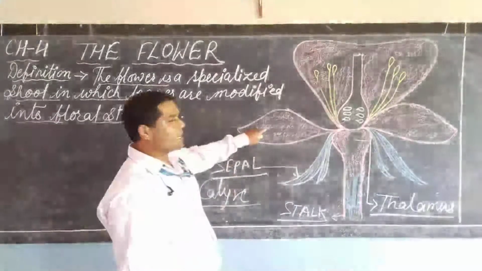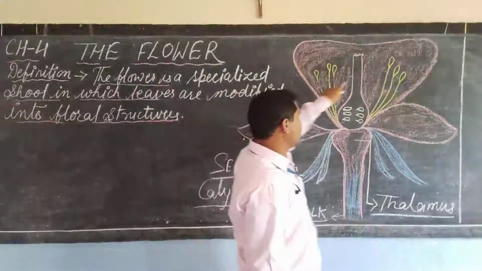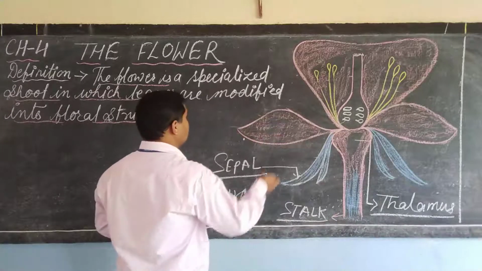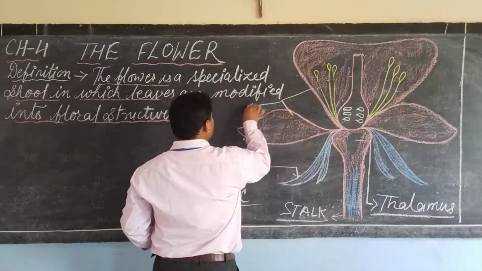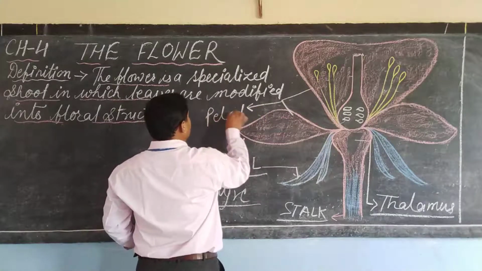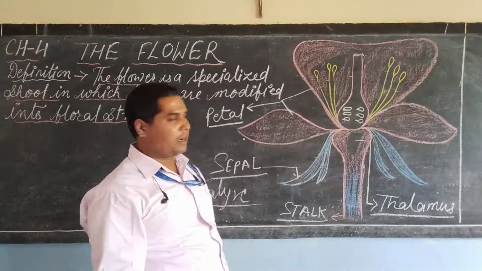Let us proceed to the next part of the flower, the colored part. This colored part you can see is known as a petal, dear student. The colored part of the flower is known as a petal.